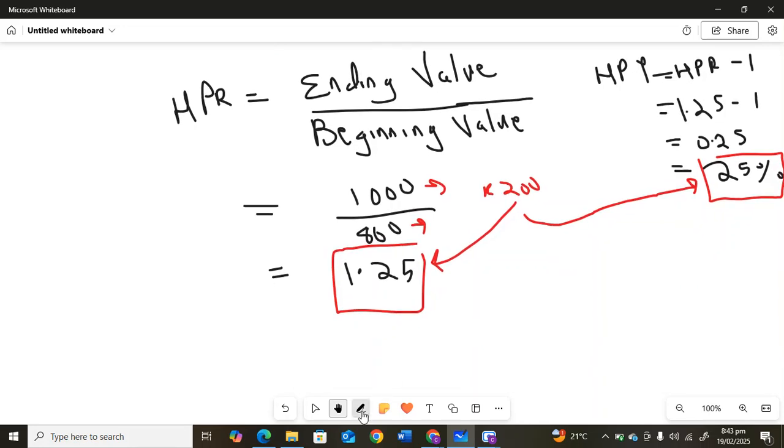Now we want to find it on an annual basis because this is just after 2 years. We've just said overall, after 2 years of holding this investment, we've made 25%. But if you want to see it on a yearly basis, this is where we're bringing in the annual HPY and annual HPR.